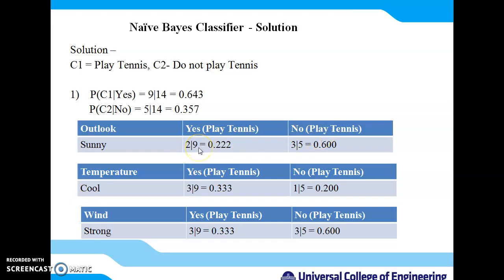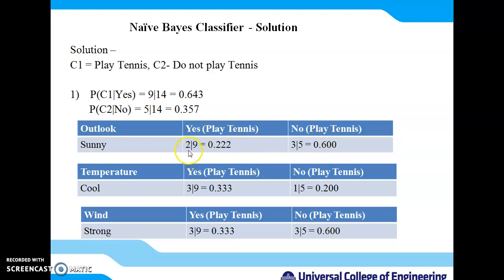Now compute the probability. Here you are going to compute the probability for yes, out of the total yes, which are 9, and for no, out of the total no, which are 5. So this formula is 2 by 9, that is 0.222, and this is 3 by 5, that is 0.600.